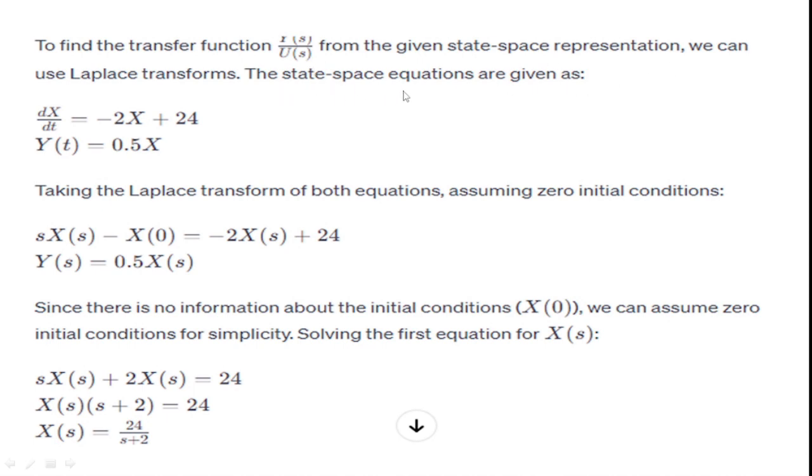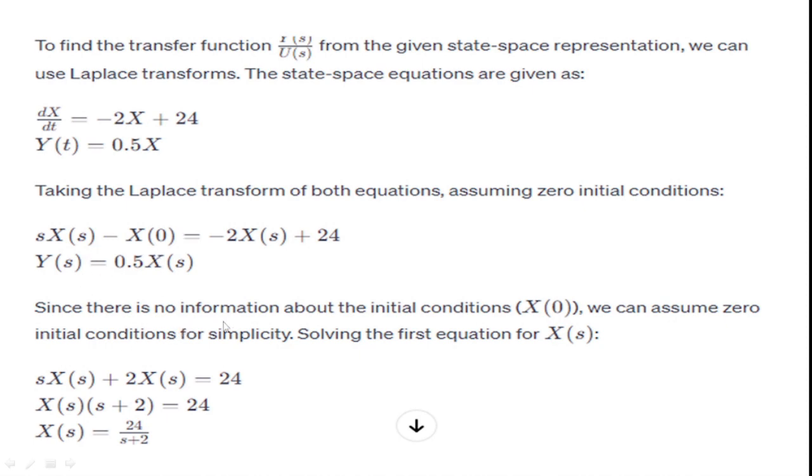After all the calculation, Laplace transform is used on the state space equation given here: dx by dt is equal to minus 2x plus 2u and y(t) is equal to 0.5x. Taking the Laplace transform of both equations, assume 0 initial condition.